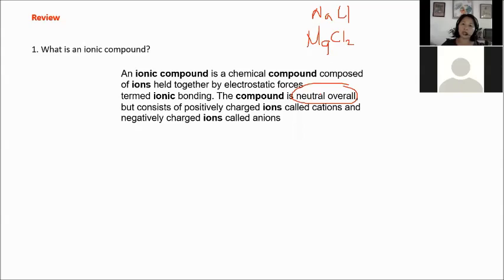Neutral overall. You no longer see a plus or minus in the formula. But it consists of positively charged ions called cations, the Na and Mg, and negative ions, the Cl. Even though it is neutral overall, it still consists of positive and negative charges.